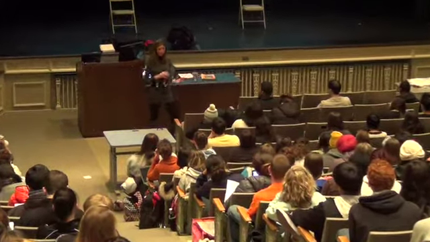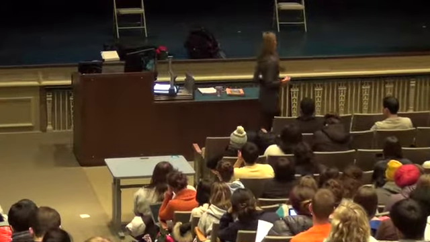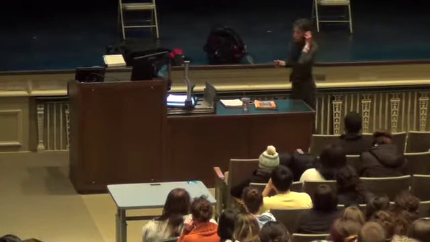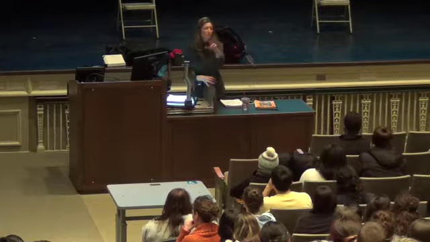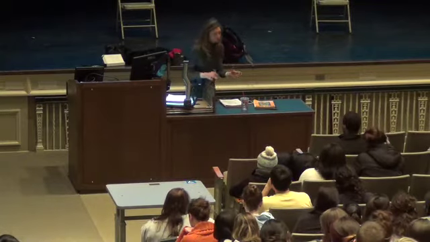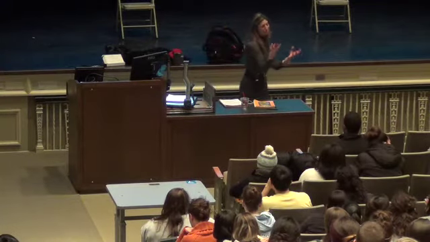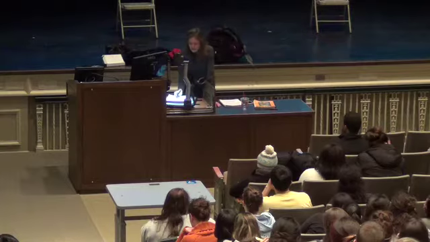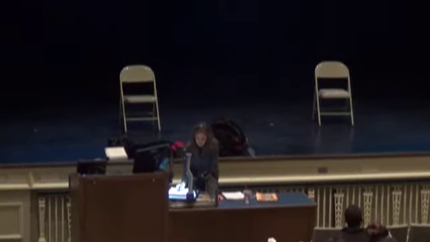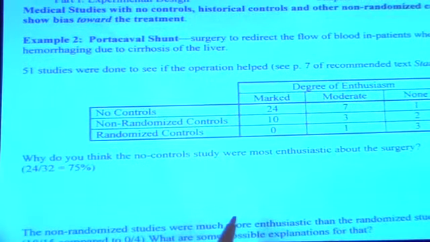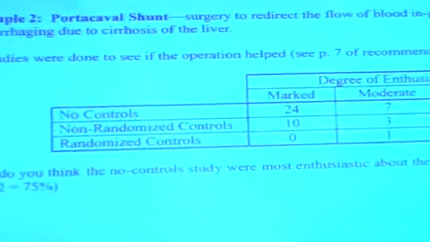They didn't collect data from previous patients, or have a control group, or assign people to control and then make a comparison. Okay, 7 of them were moderately enthusiastic and only 1 said, no, don't do this. Now, so that's 75%.